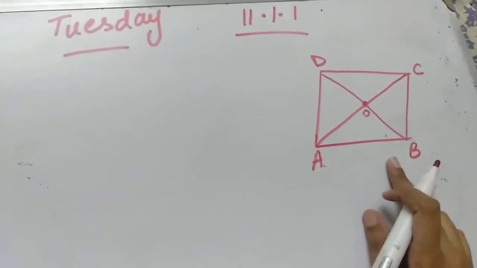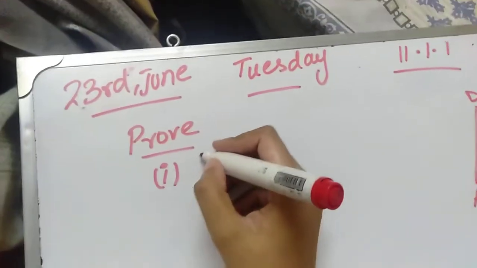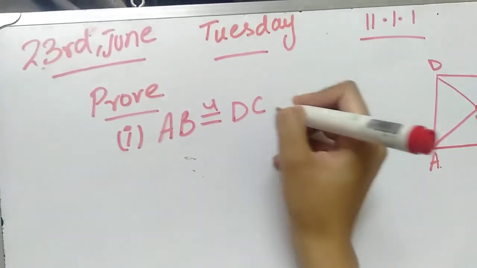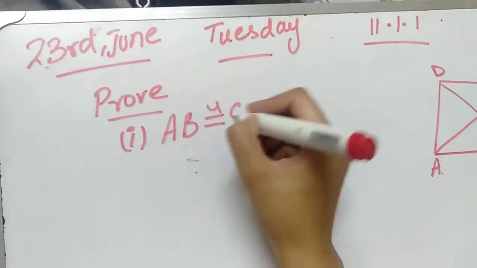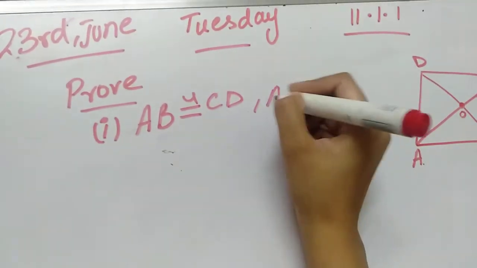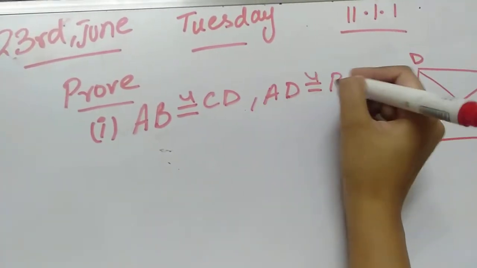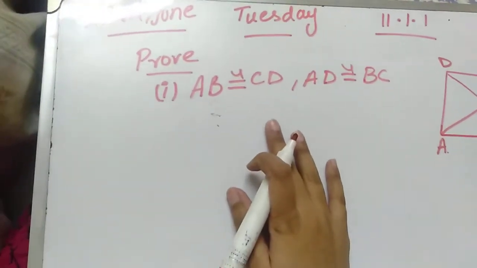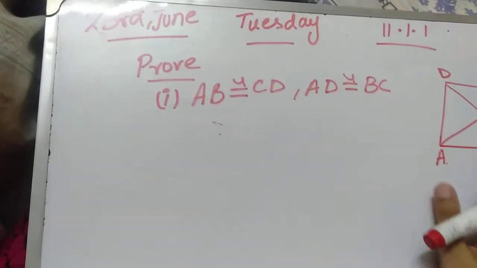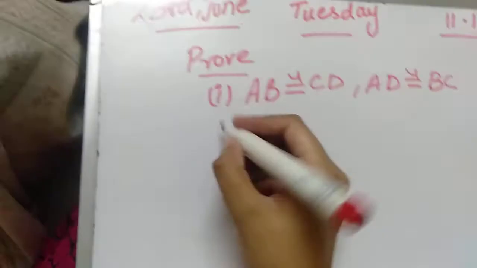So opposite side is AB and DC, so we will write that at first we have to prove that AB is congruent to DC or CD, and the other side is AD is congruent to BC. So these are the points we have to prove, that AB is congruent to CD and AD is congruent to BC. So the opposite sides are congruent, we have to prove it.